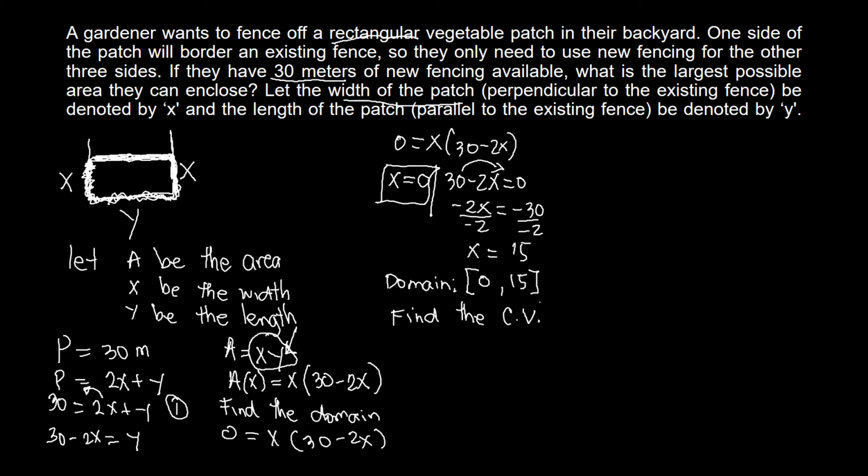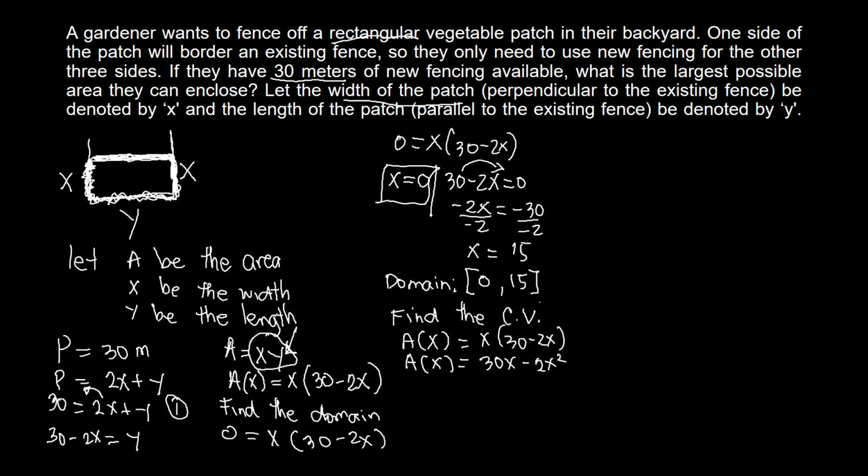So finding the critical value, all we have to do is simply get the derivative of the function. Our function a while ago, we have that area in terms of x is equal to x times 30 minus 2x. To get the derivative of that, we may distribute the x here. So we have A of x equal to 30x minus 2x squared.